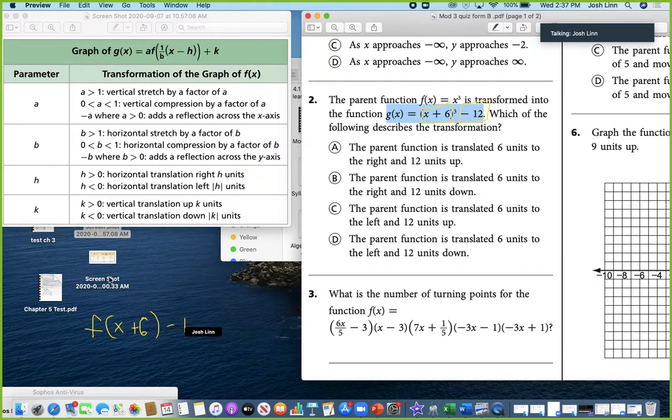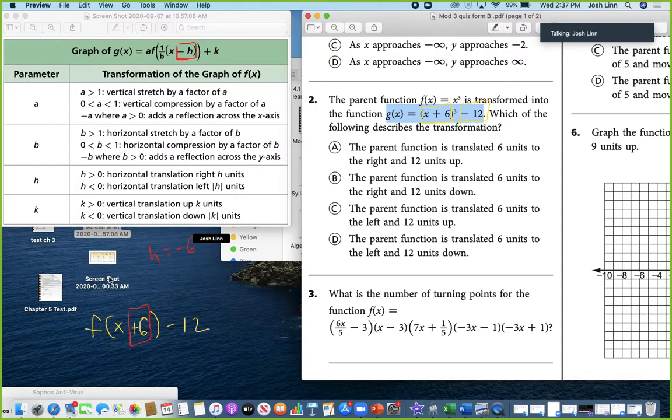Minus 12. So when we look up here, we've got the minus h on the inside. So that means this is our negative h, and our negative h is plus 6. So our h is going to be negative 6. So we've got h equals negative 6.